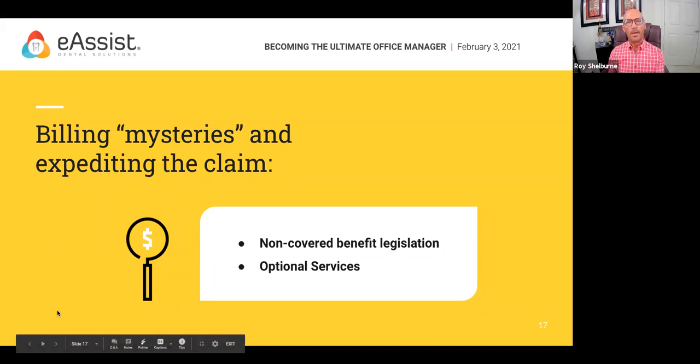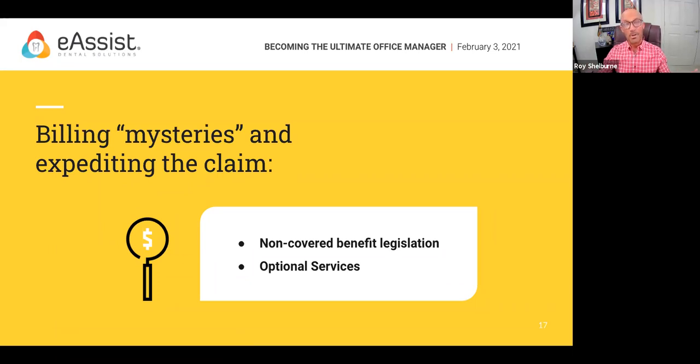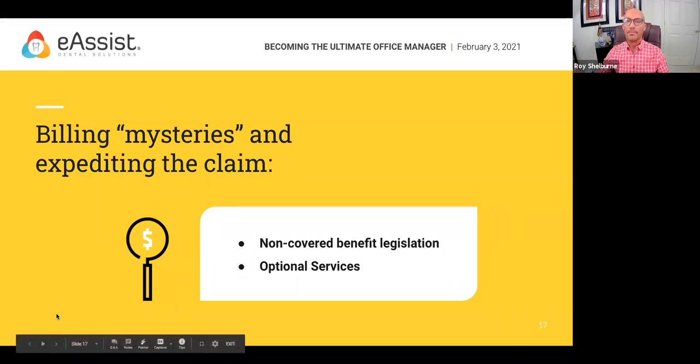They send the claim for the crown. Since $1,500 has been paid out, there's no payment for the crown. And to most people, they would think, well, they didn't cover that, so we can bill the patient for whatever we want to. Actually, that is a covered benefit that would have been paid had the annual maximum been met. So unfortunately, even though they paid for nothing, they can still dictate to you how much you can charge the patient for it.